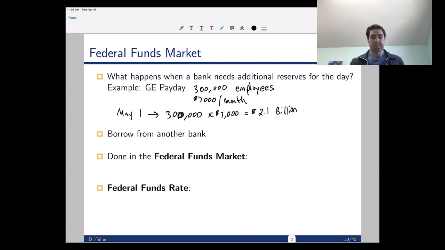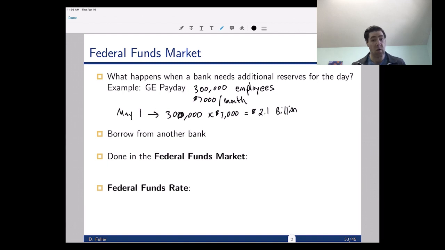And so, they may have sufficient. If all the employees bank at the same bank as GE, then there's no problem. But often they don't. They bank at different banks. And so all of a sudden, GE's bank is going to lose a whole bunch of reserves to make these transactions. And other banks are going to get a whole bunch of reserves. And so some banks are going to have a lot of extra reserves, and GE is going to be relatively short.